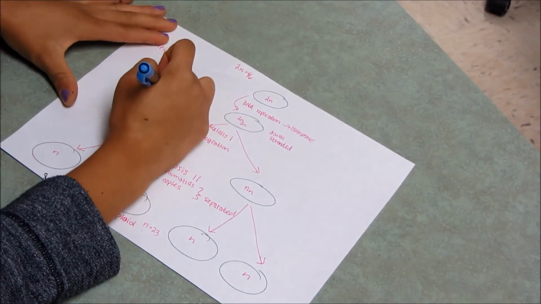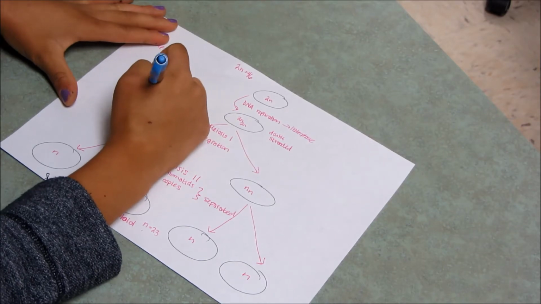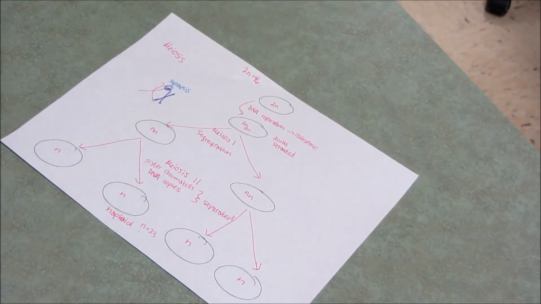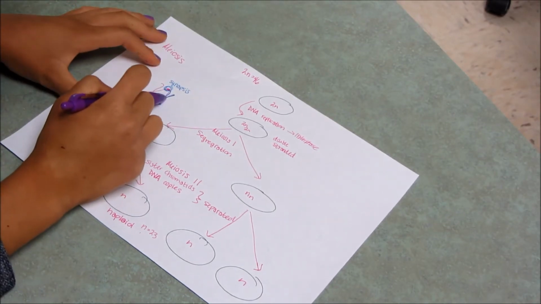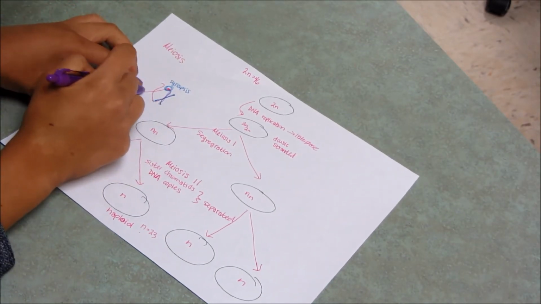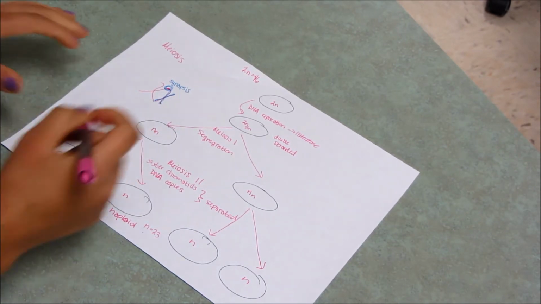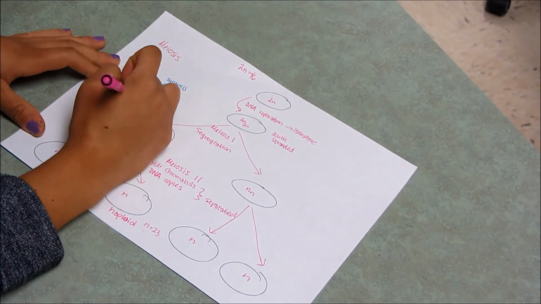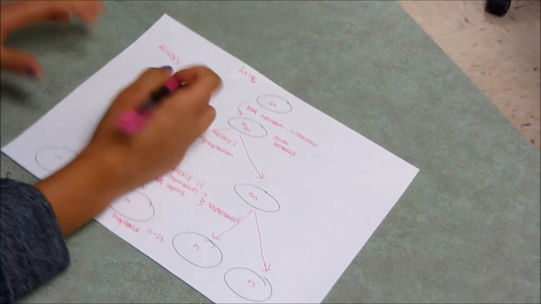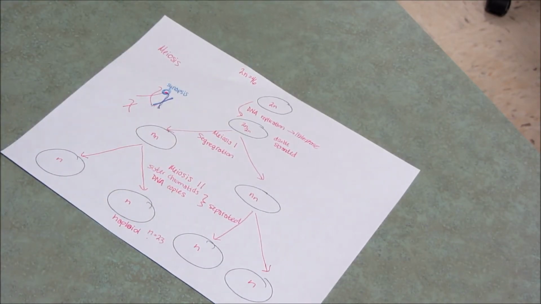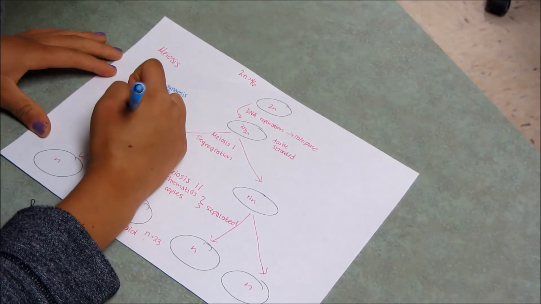So I should have drawn this with a different color. So they're different. And what happens is part of this chromosome will move over to this chromosome, and part of this chromosome will move over here. So getting your end product to be like this. Let me draw the actual extra part.